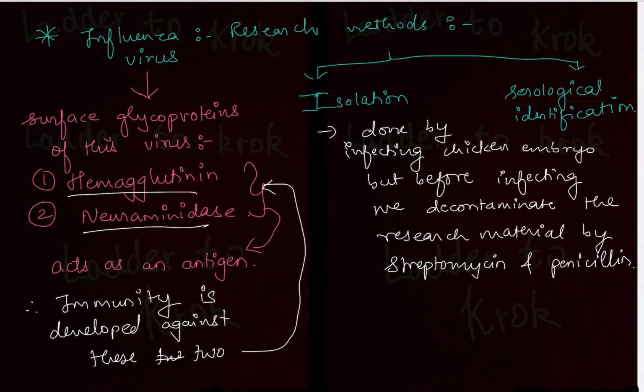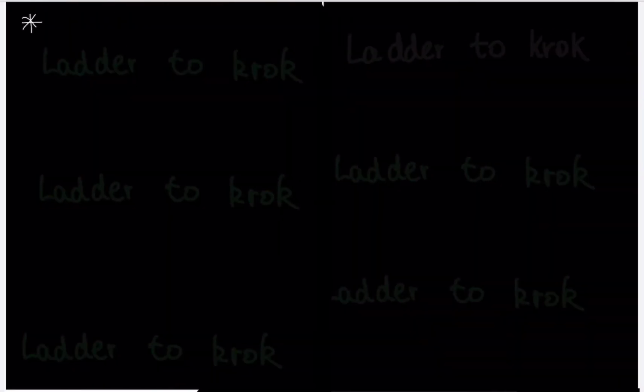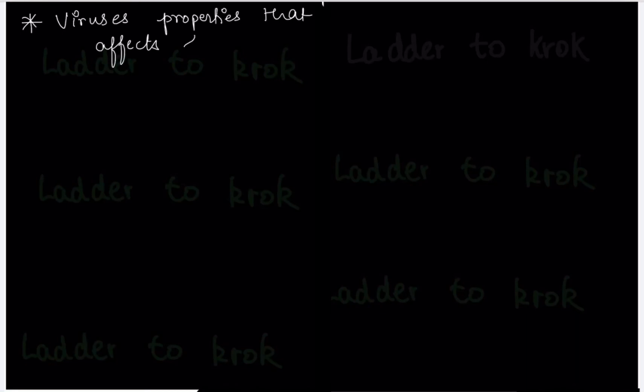Now the next thing we should know is that there are some viruses which affect the sex glands. So we should know the properties of such viruses. I'm listing down some of their properties. If you see such properties, then you should be sure that it is a virus which is going to affect the sex gland.